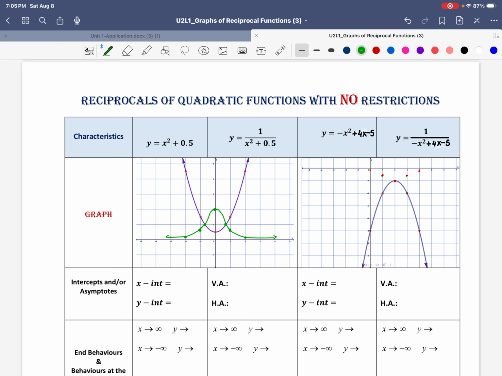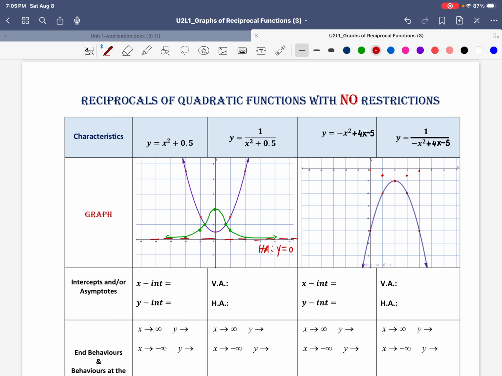And this would be the graph of the reciprocal of a quadratic with no zeros. Now, notice how the graph of this function will never intersect the x-axis. The y values will never become 0, which means that it does have an asymptote, a horizontal one. And still the horizontal asymptote is at y equals 0.